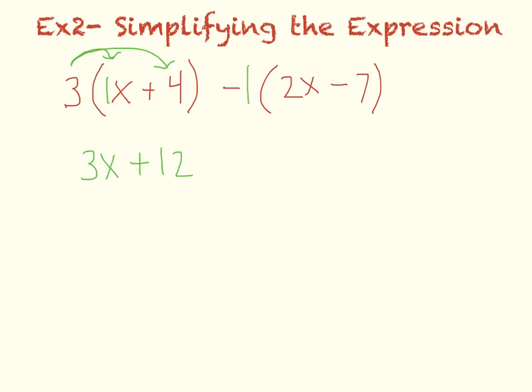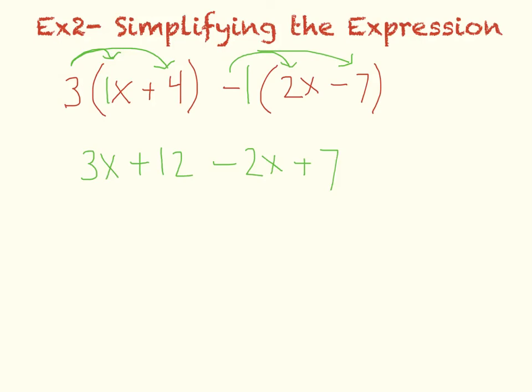So we're going to put a 1 there. And now we're going to distribute -1 to the 2x and the -7. -1 times +2x is -2x. And -1 times -7 is +7. There we go.